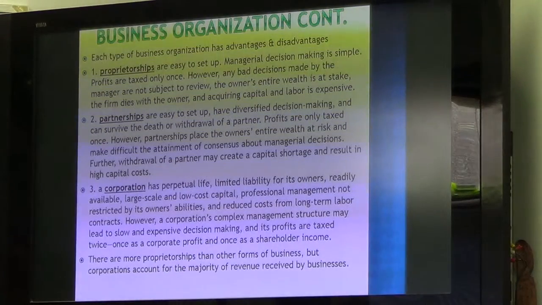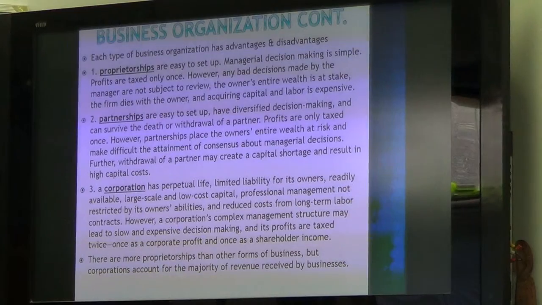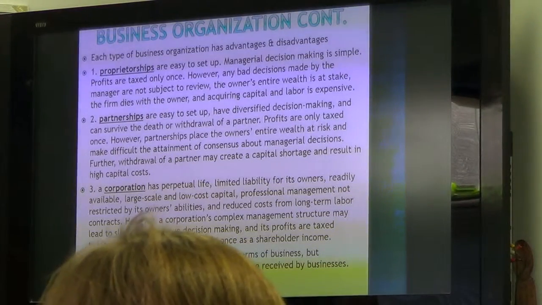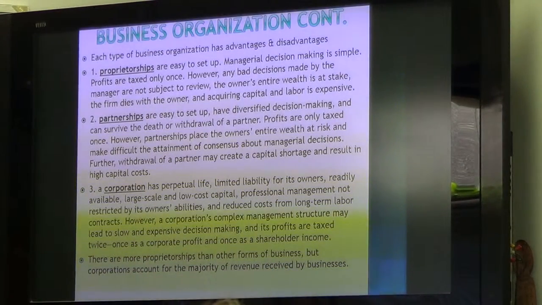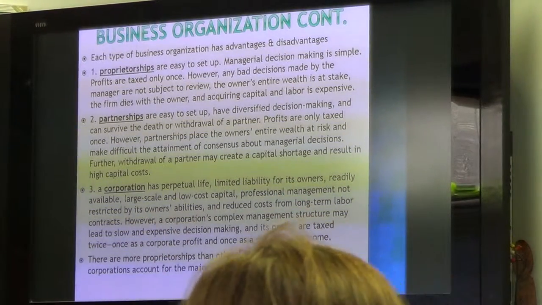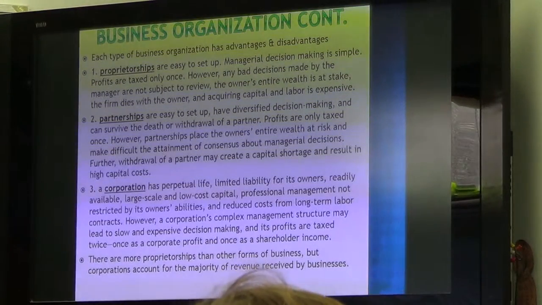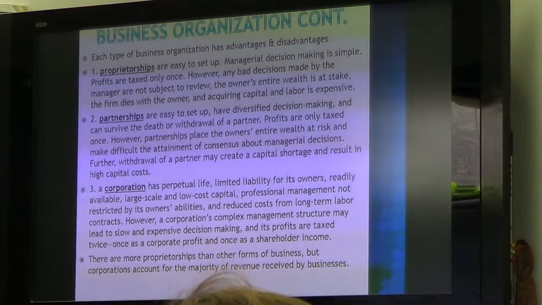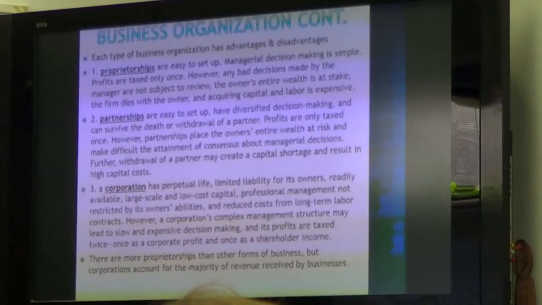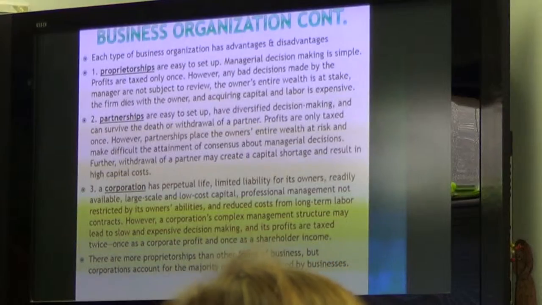So they're liable for everything, even using their own personal savings. But they're easy to set up. And with a proprietorship, once the owner dies, the company just kind of dies with it. There's no one else to take over, essentially.